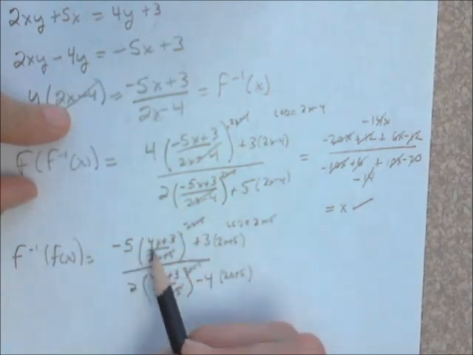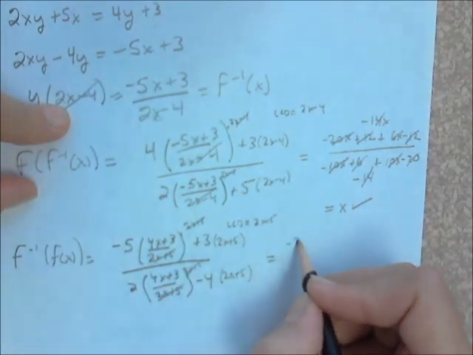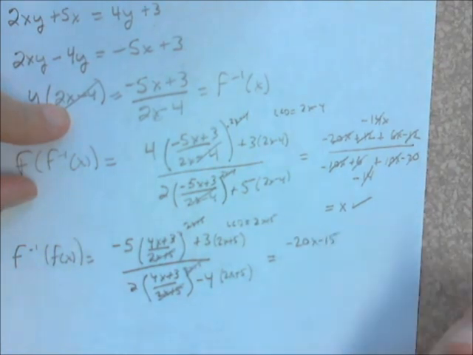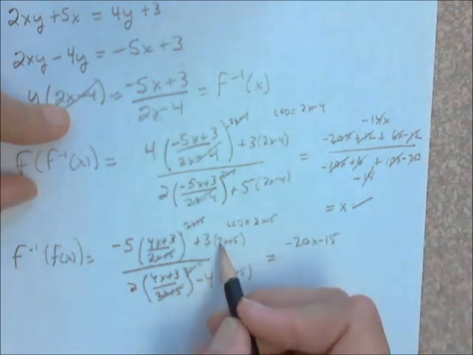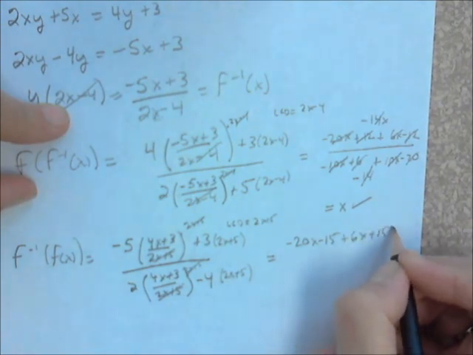And you're left with negative 5 times 4x plus 3, which is negative 20x minus 15. And then you're left with 3 times 2x plus 5, which is 6x plus 15.